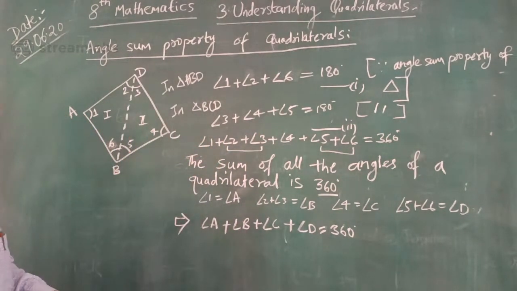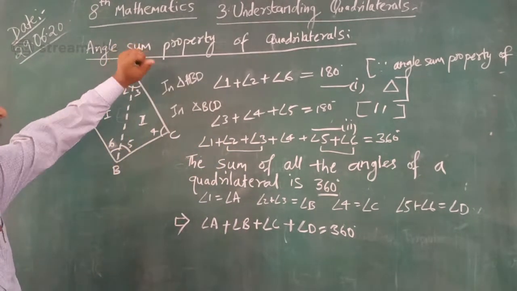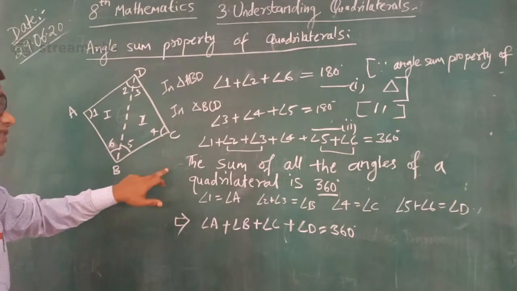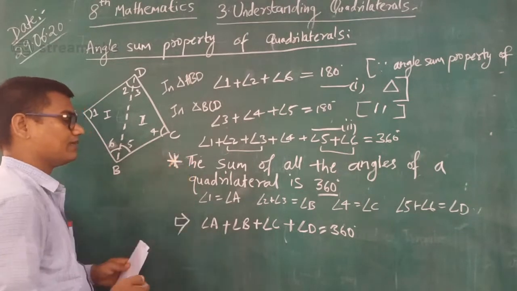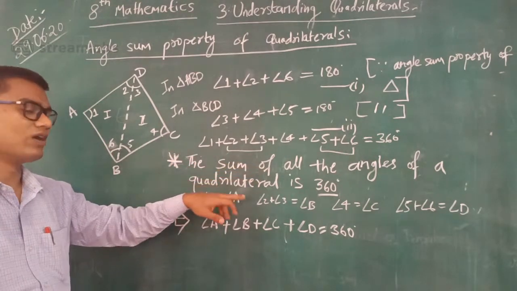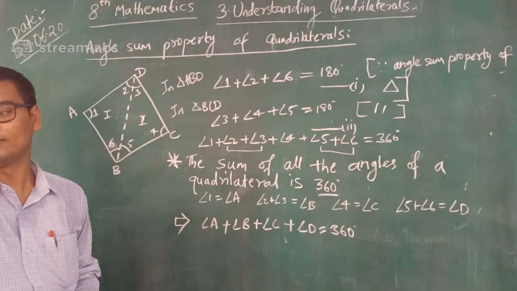So what is the angle sum property of quadrilaterals? The sum of all the angles of a quadrilateral is 360 degrees.